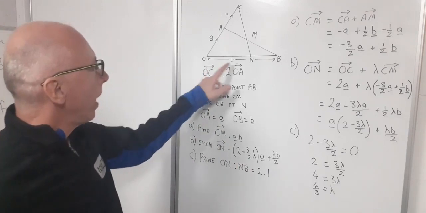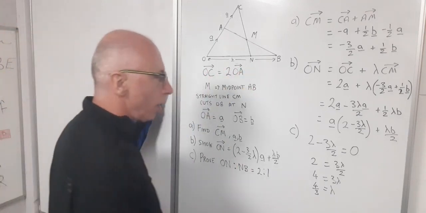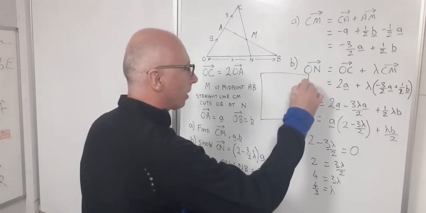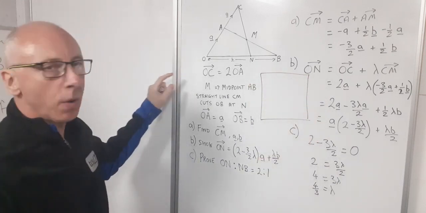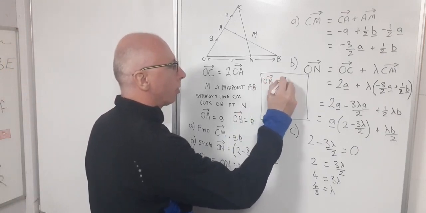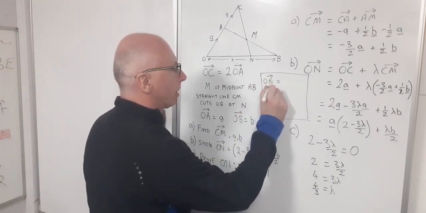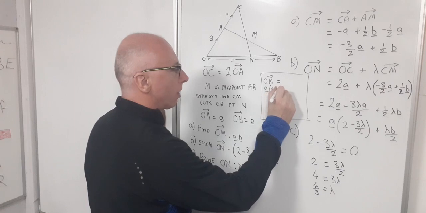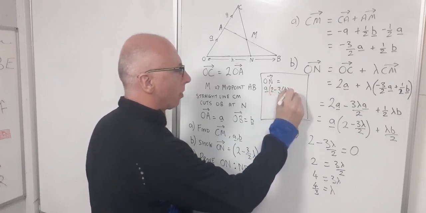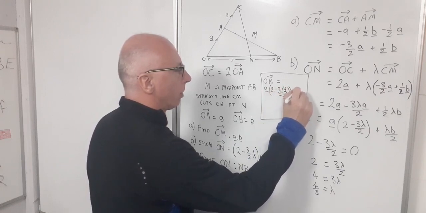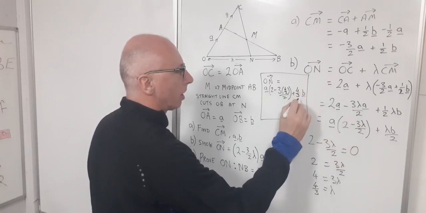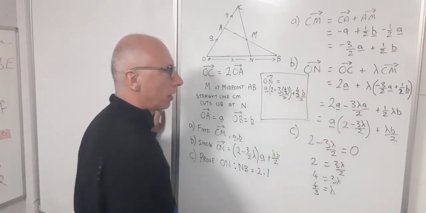Okay, so ON, if I just take the vector ON, that equals the vector A times 2 minus 3 times 4/3 over 2, plus 4/3, and that's my vector B, and that's all over 2 as well.